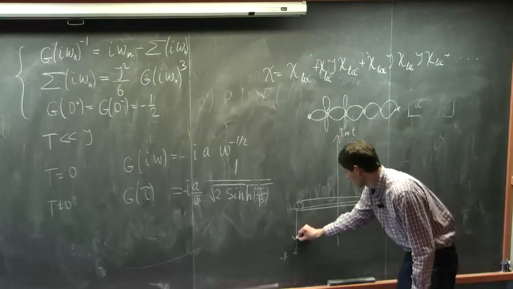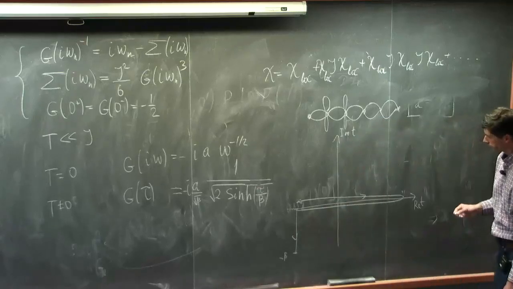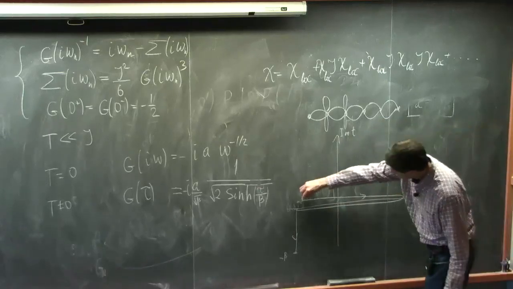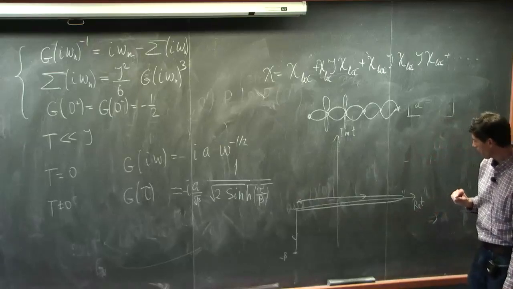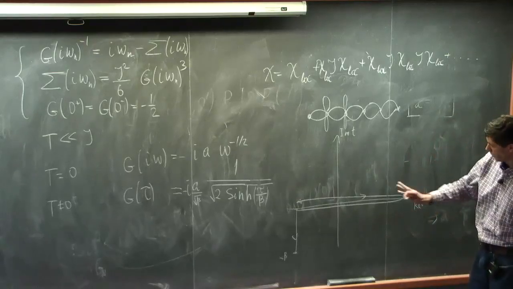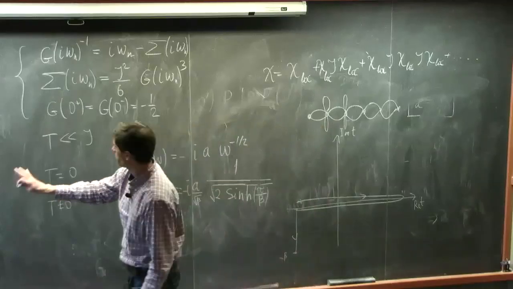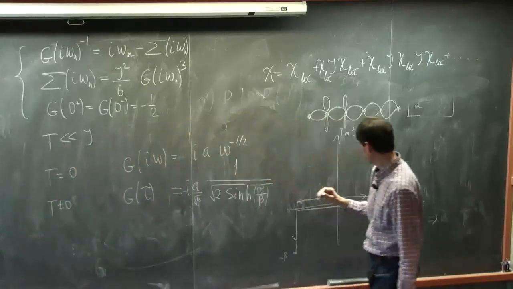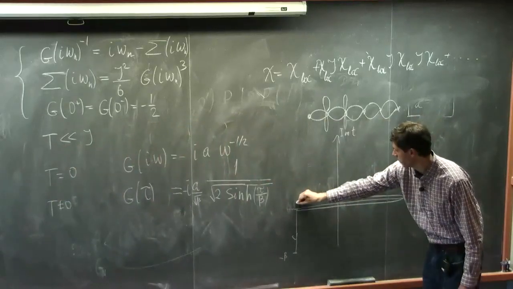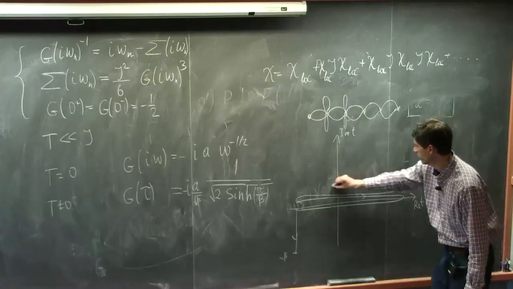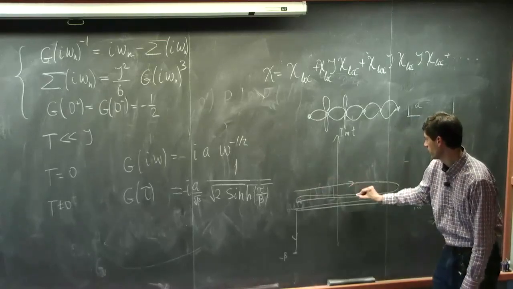In this case, we cannot accommodate this out-of-time-order correlator, and we have to double the Schwinger-Keldysh contour.